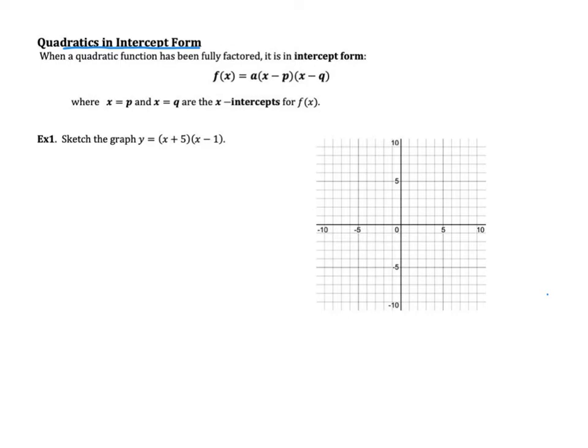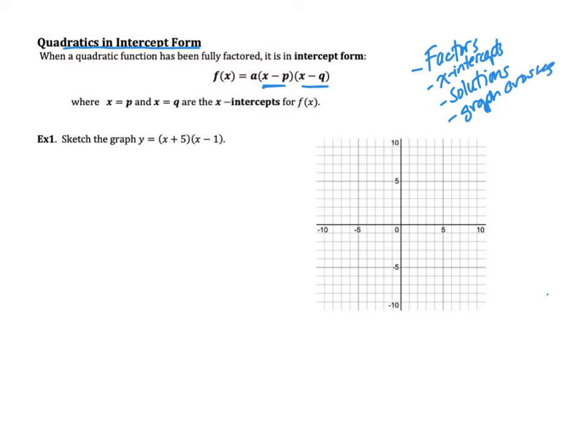So intercept form means it has been fully factored, so you can immediately see your two factors here. And remember, factors are also known as x-intercepts. So factors are x-intercepts. Sometimes we call them solutions because it's when we set the equation equal to 0, because you want y to be 0, because it's the place where the graph crosses the x-axis.